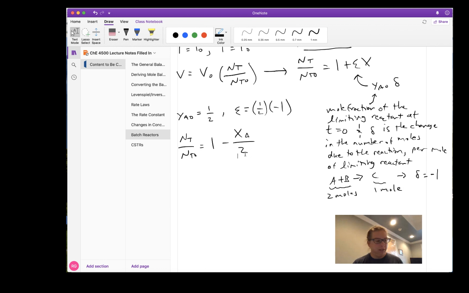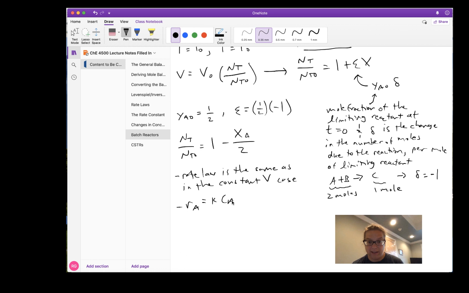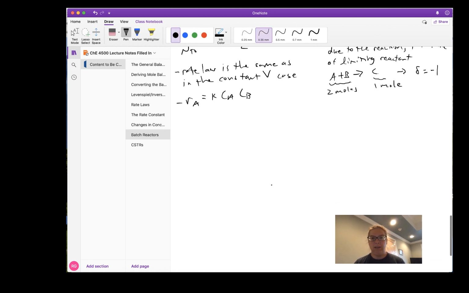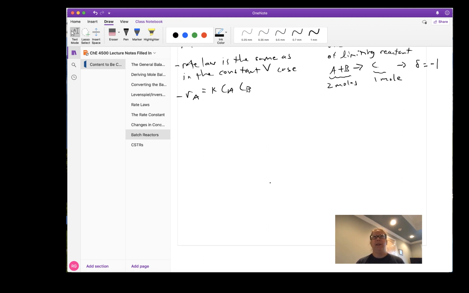So our volume is going to change over the course of the reaction, and that's going to influence our concentration. But this doesn't influence our rate law. So my rate law is still minus RA is equal to K CA times CB, but it is going to influence the concentration of A and B through this volume term.